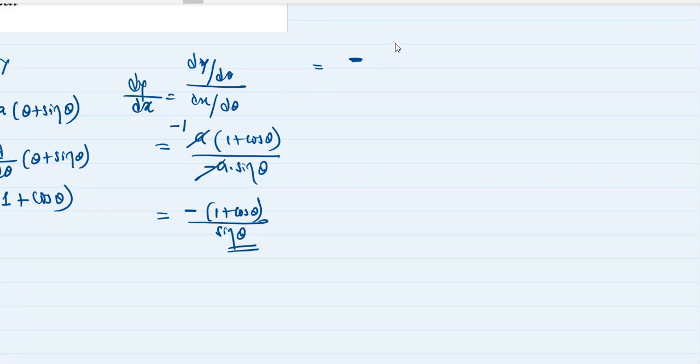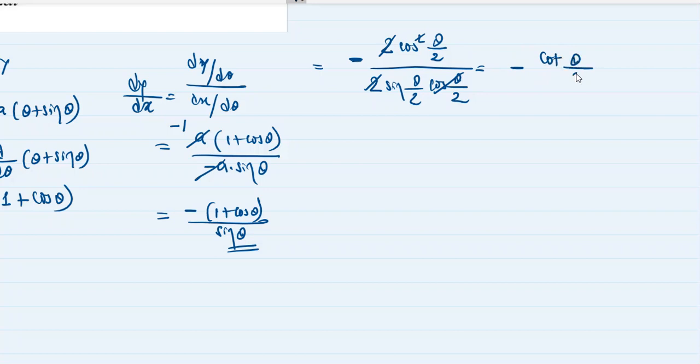There is one formula for 1 plus cos theta, 2 cos square theta by 2, half angle formula, upon sine theta, which can be written as 2 sine theta by 2 cos theta by 2, double angle formula. So this 2 gets cut over here, and cos theta by 2 and cos square theta by 2 get cut. So we get minus of cos theta by 2 upon sine theta by 2, that is minus cot theta by 2.